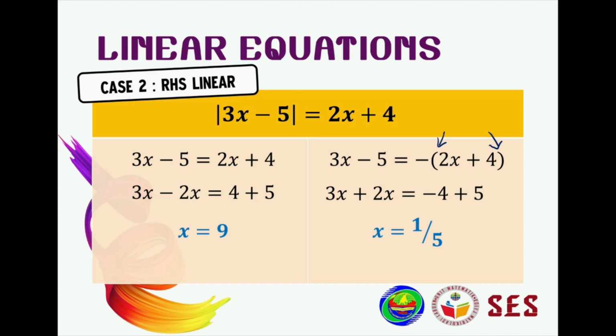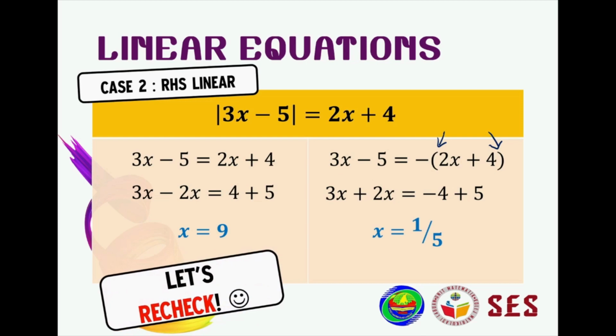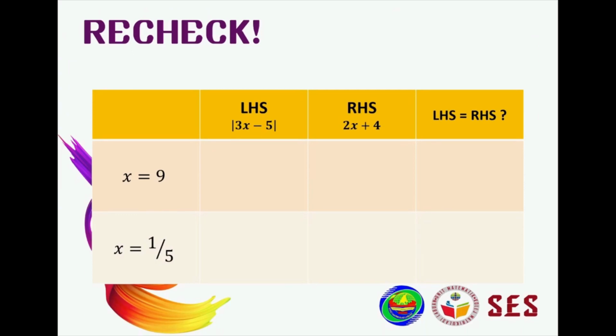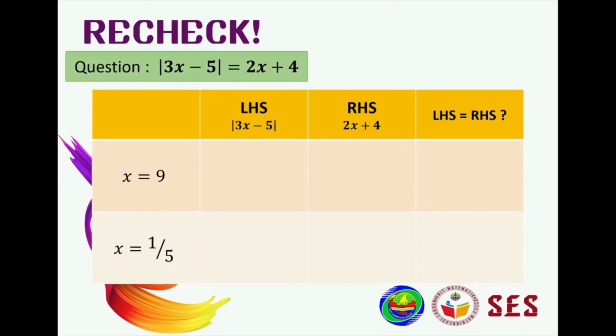So why do I put this as my second case? Because whenever I have x on my right hand side, we need to do a recheck. I'm sure you're already familiar with this recheck. So our original question is modulus 3x minus 5 equals 2x plus 4, meaning my left hand side is the modulus and my right hand side is 2x plus 4.